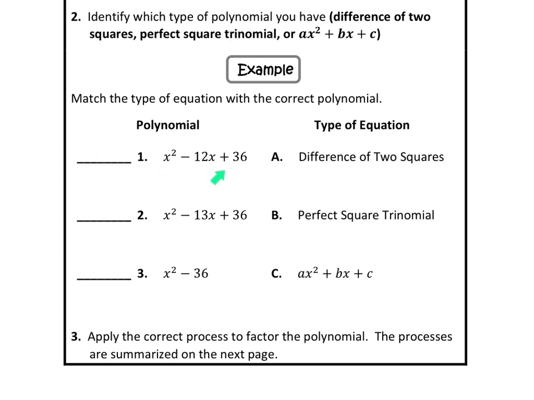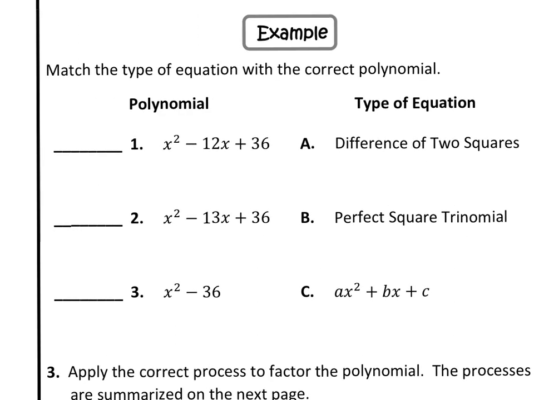This first one has 3 terms. So it could be a perfect square trinomial, because tri means 3. But we have to check: can I square root x squared? Yes. Can I square root 36?